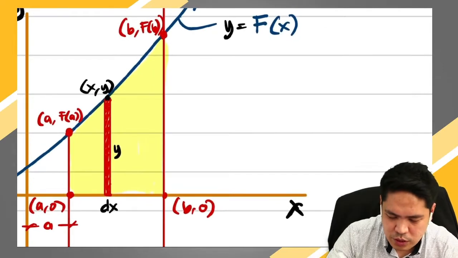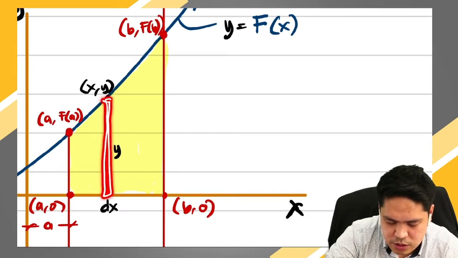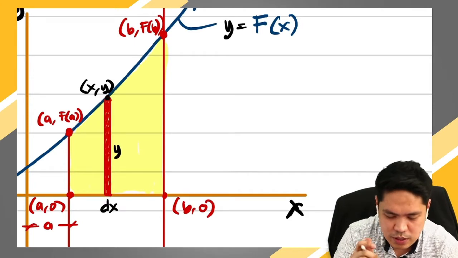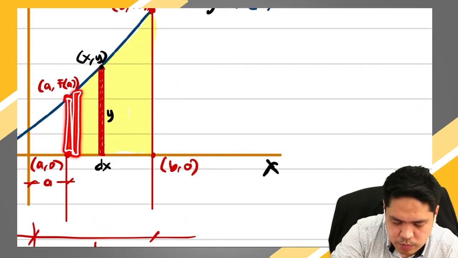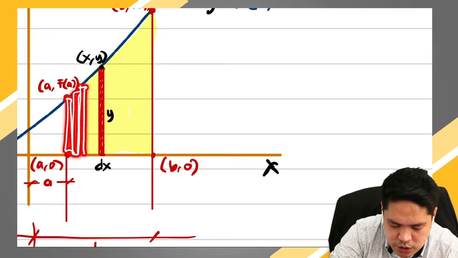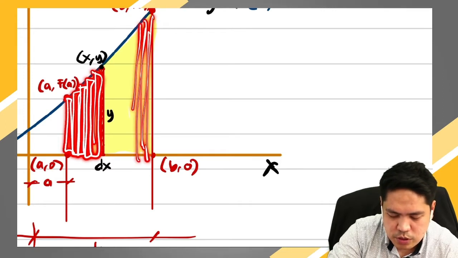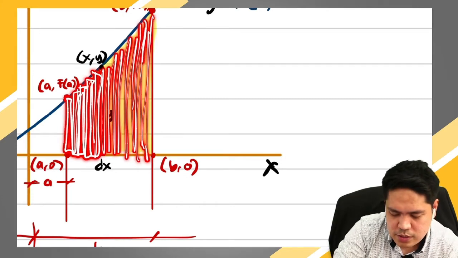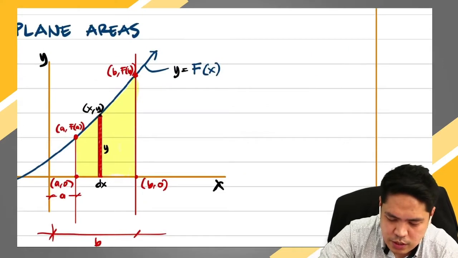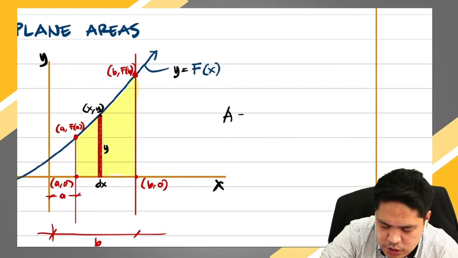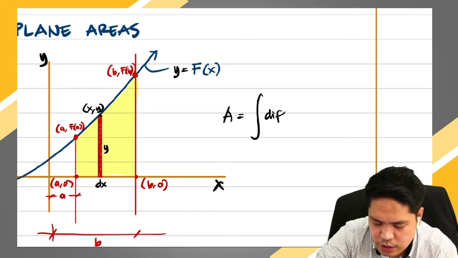Now, we could imagine this whole area as the integration of these strips or small areas or very thin areas. Meaning, if we consider a strip here and another strip, another differential area here, another differential area up to this point, then if we integrate all these areas, the result is the whole area. So that's the only concept here. So therefore, we could just say that the area is just equal to the integration of the differential area.